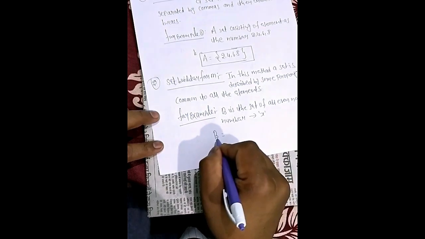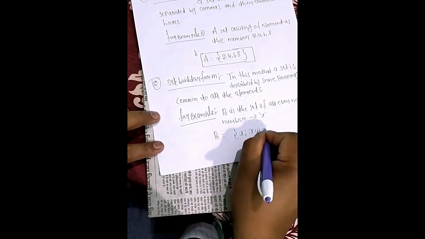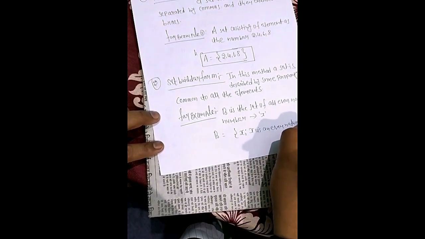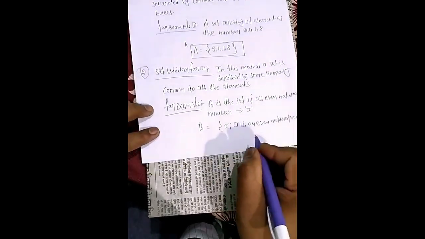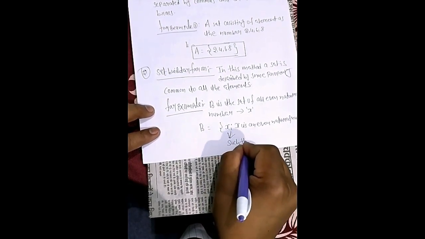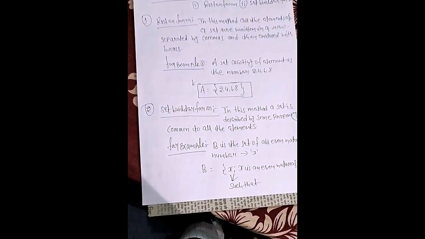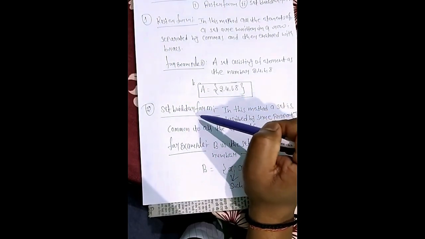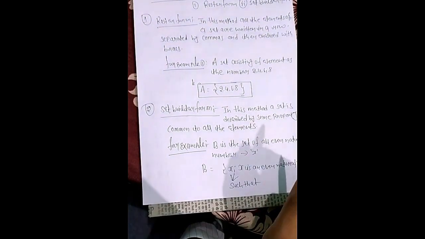Then B is equal to curly bracket open x such that x is an even natural number curly bracket closed. Here the bar represents "such that". So students, description of set is completed. There are two forms, roster form and set builder form. I hope all is clear on this topic.